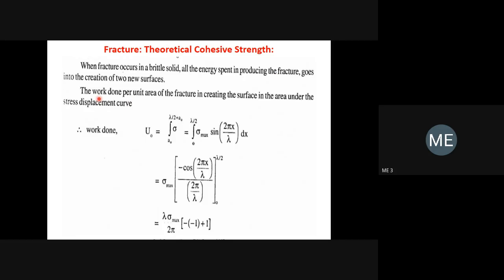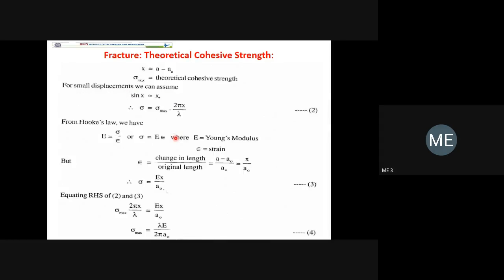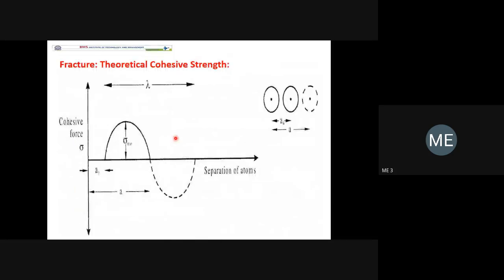So now the work done per unit area of fracture in creating the surface. You are creating a new surface. So it is the area under the stress displacement curve, which we have already seen. This is the stress displacement curve. So we want to find the area under this curve.